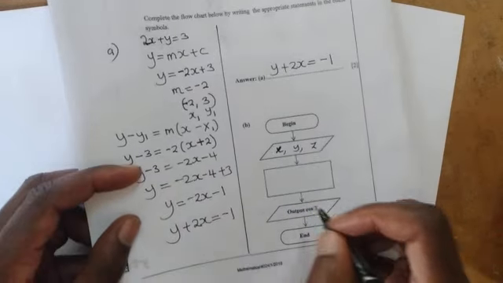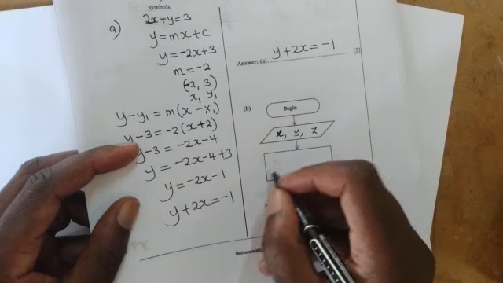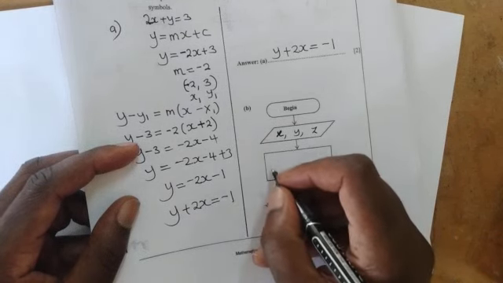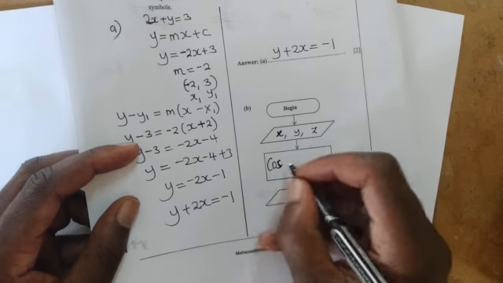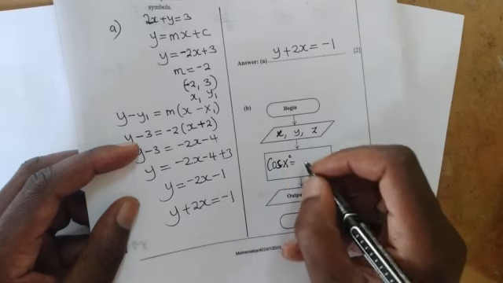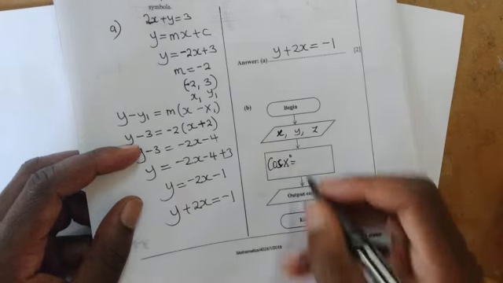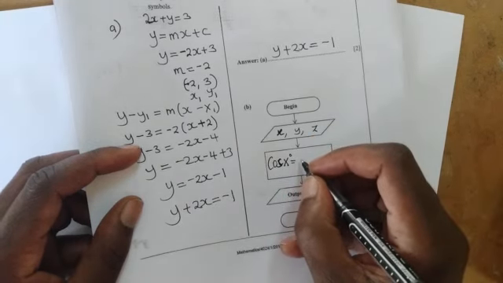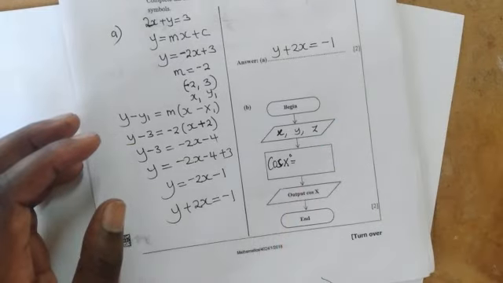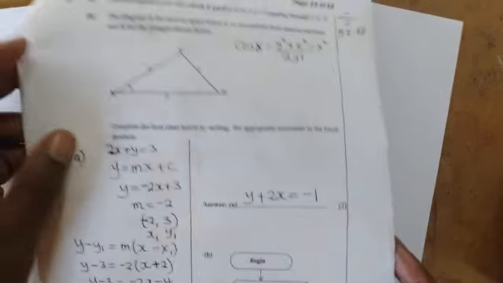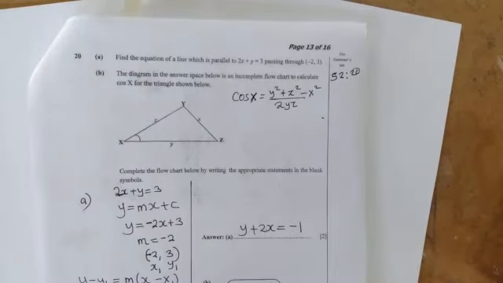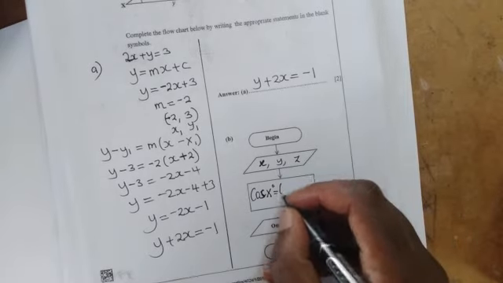Then here we can say cos x is equal to, what do we have now? We need to write this same thing here. Let's open brackets, then we have y.